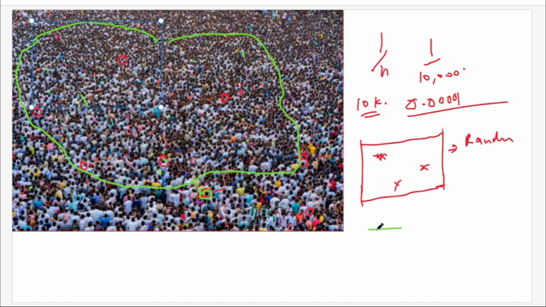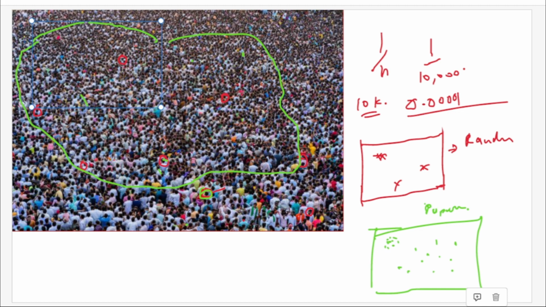But what if there are so many people here, and few people here? Then this distribution is not correct. In that case, I'm interested in knowing the distribution of the population.